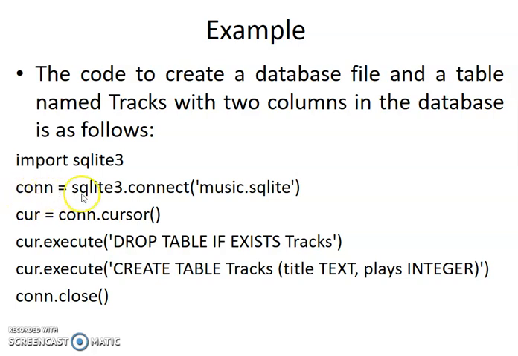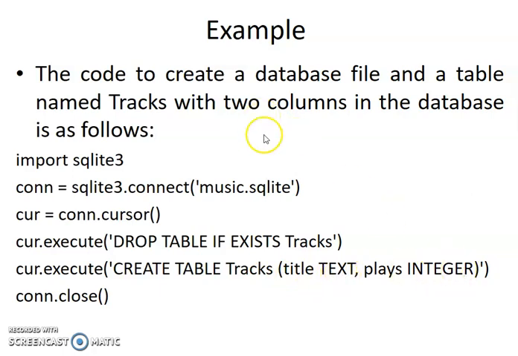So, the connection: sqlite3.connect with music.sqlite, and then you create the cursor, short cur, by invoking the method cursor. Then we execute on that cursor. We drop the table if it exists; the name of the table is tracks. Then we create the table tracks, and while creating it we are supposed to give the columns.